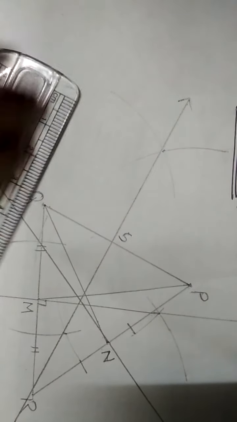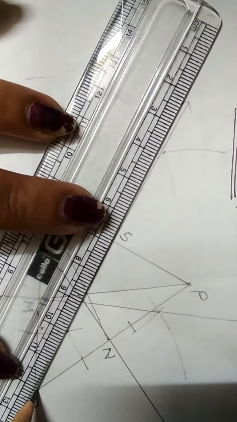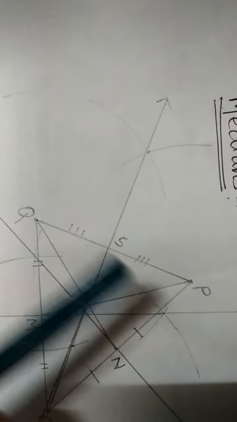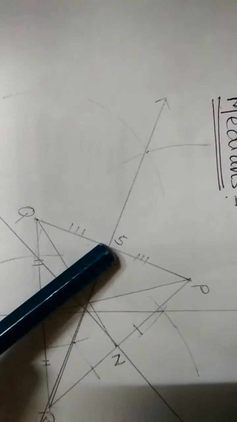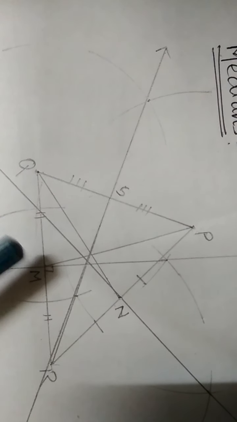Name this point S, since M and N are already taken. Now S will be joined to the opposite vertex R, so that PS will be equal to SQ. This is how the medians of an acute angle triangle have to be drawn.